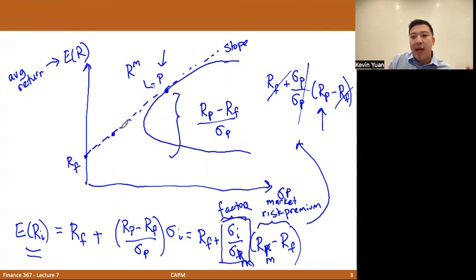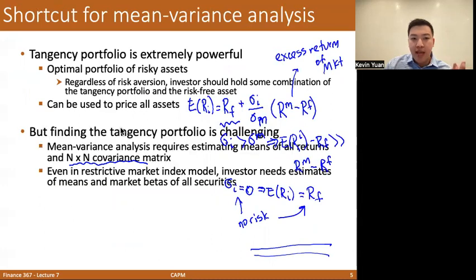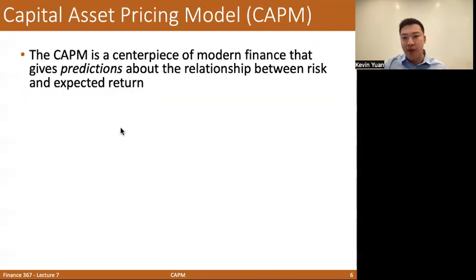So does that mean I can't price things? Well, what actually happened was the capital asset pricing model, which was developed by Bill Sharpe and among others, is a centerpiece of modern finance because it allows me to do that. We won't derive the capital asset pricing model, because it's a little bit involved and I think it's outside the scope of this course.